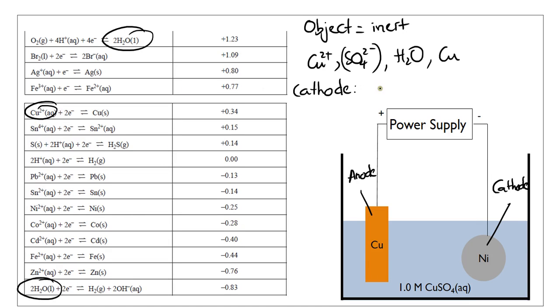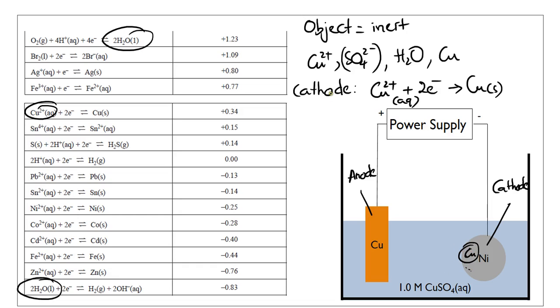So what happens at the cathode is Cu2+ is going to get reduced to produce copper. And in order for the electroplating to actually happen, you really need the product of reduction to stick onto the cathode. So it's going to stick on this nickel, so the copper is going to stick on here. So that's what happened at the cathode.